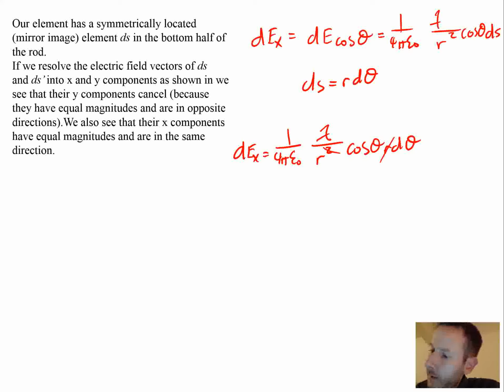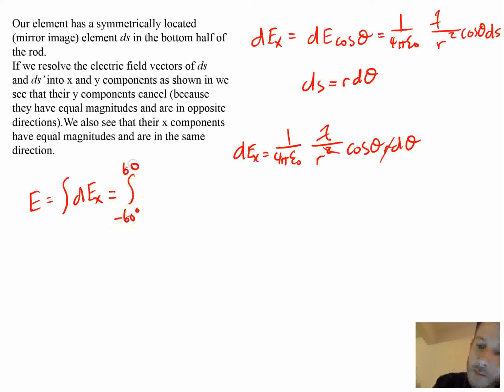Plugging this in and simplifying, we know that our electric field is going to be the integral of dEx, from negative 60 degrees to 60 degrees, since the component we can integrate over is theta now.